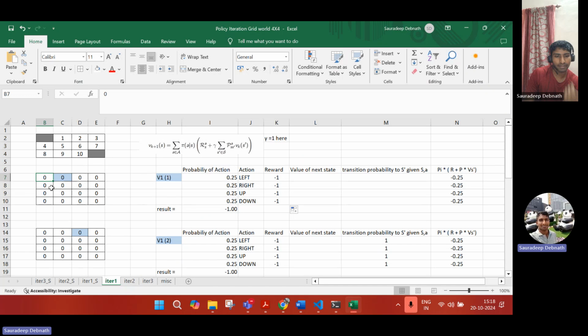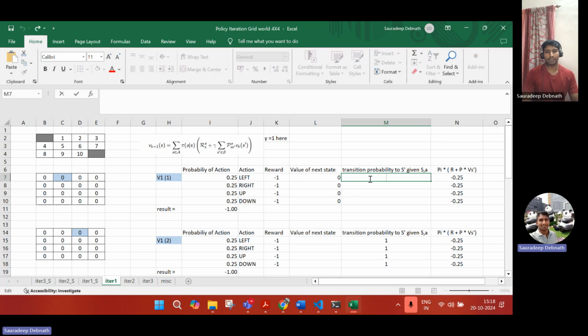I go here. And what is the value here? 0. And if I go right again, I get a 0. And what happens if I take action up? I'll remain in the same state. Obviously right now everything is 0, so the value of all the next states, whether I go up, down, left or right, is 0.